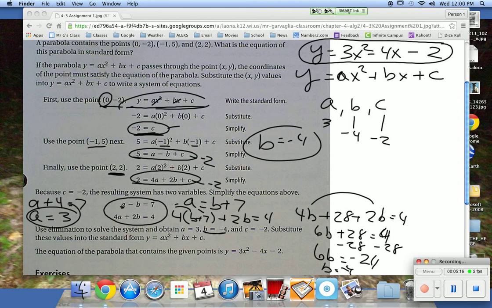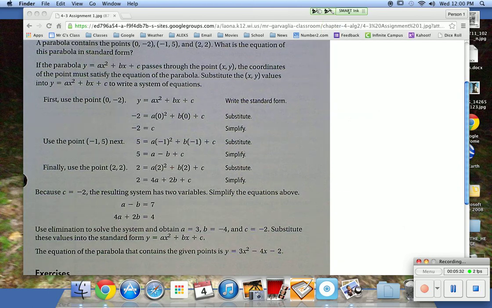But you're going to come up with 3 equations, 3 unknowns, and then you have to solve it for a, b, and c. Okay? Any questions on that? So before, when you did 3 equations, 3 unknowns, and you solved them, you just had the equations. Now you've got to create the equations using these points. You have to create those equations and then solve it.